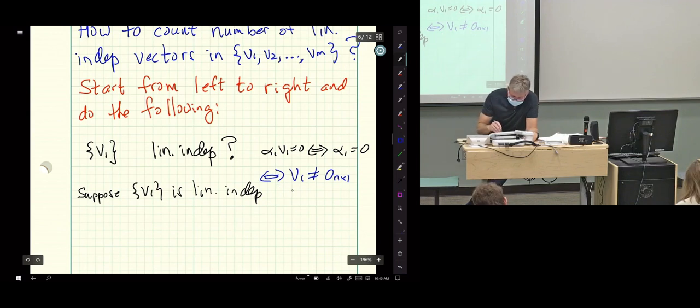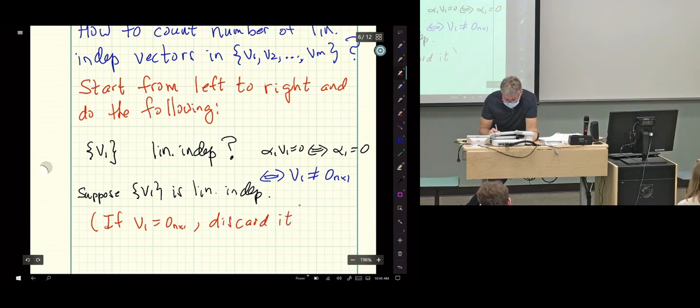And just make a note, if V1 is equal to the 0 vector, discard it. It's not helping you. But we'll discard a different one in a minute.